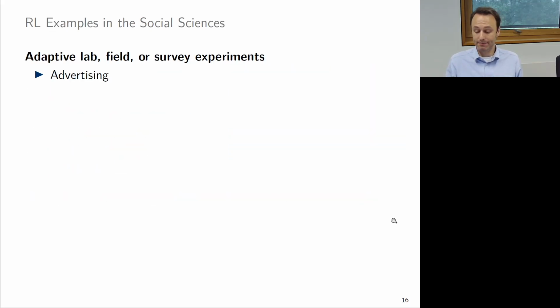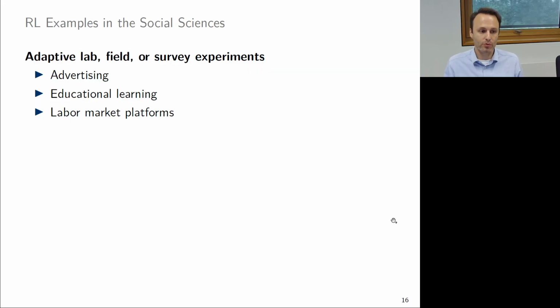Adaptive field experiments, lab experiments, or survey experiments are also applications of reinforcement learning, and we will see some examples of that during this course. Advertising, that's something that Google does with reinforcement learning methods. Educational learning.